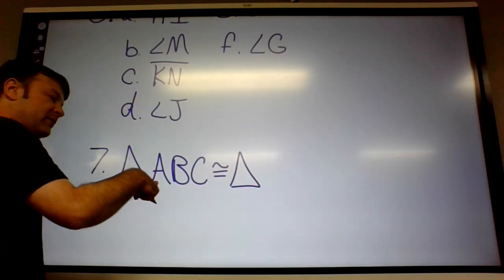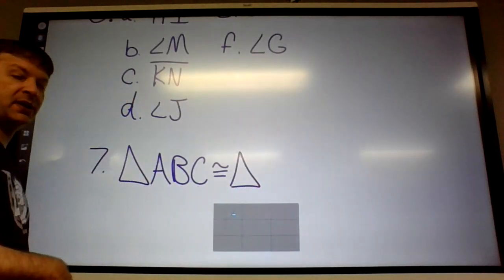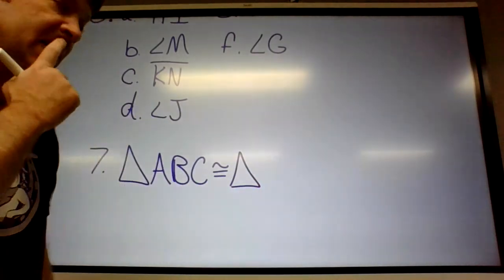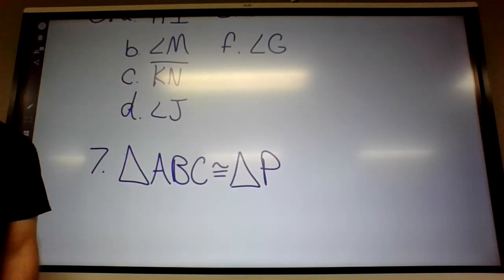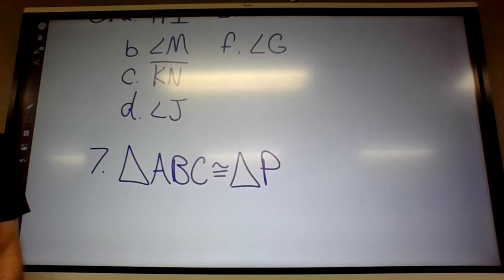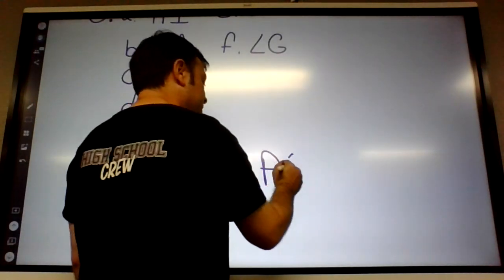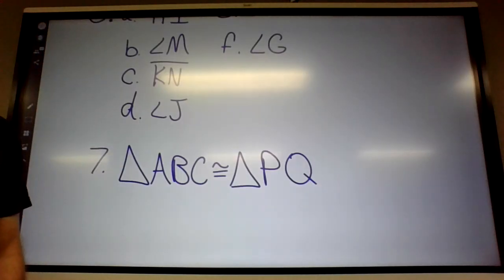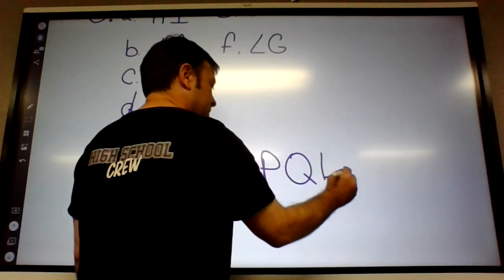So if I put A first, I need to make sure that whatever I start over here matches A. So what does match A on number 7? P. And then I put B, so what goes with B? Q, because they both have two arcs. These are the same angle. And then, of course, C, the only one we didn't do is L.